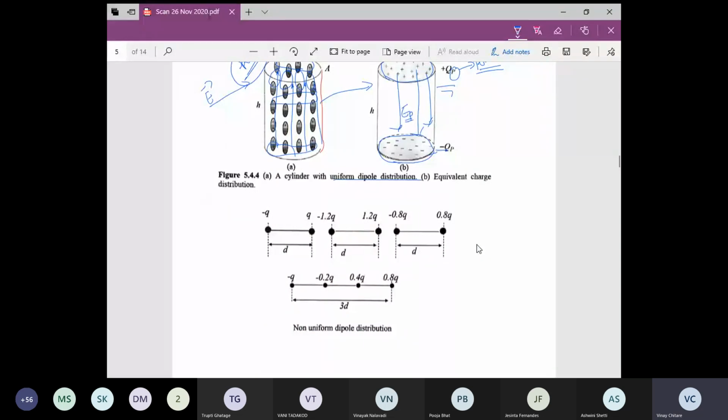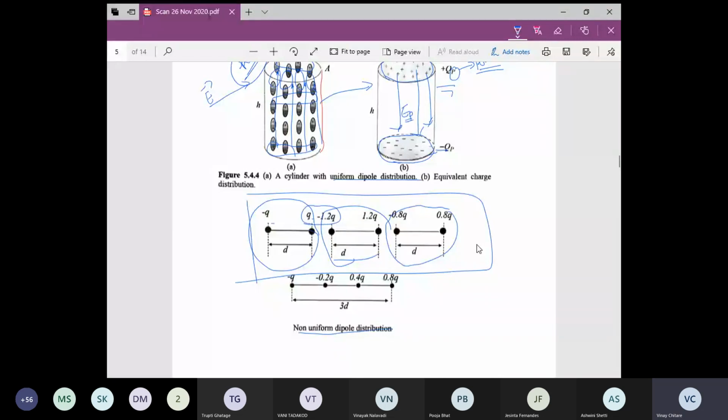As an example, I have shown a non-uniform dipole distribution. I have not shown it in two dimensions, but on a one-dimensional scale. Say you have this inside the dielectric material. At the lower side you have this dipole, minus q plus q, and in the middle you have this one, and you could see there's cancellation.